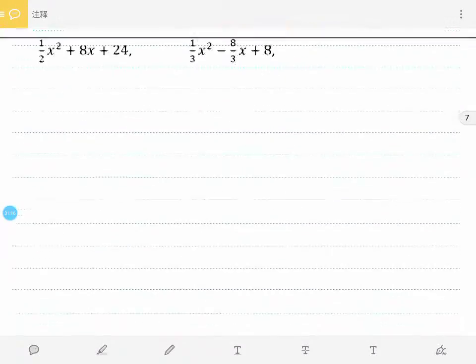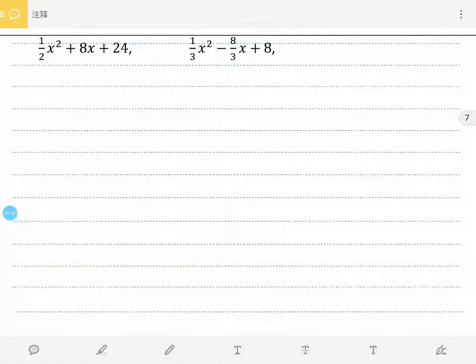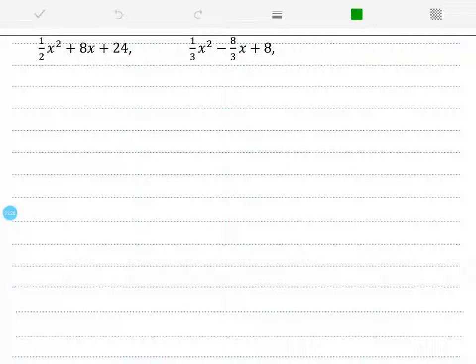Next, when we have fractions, we always put the fraction as the common factor. So whereas the half x squared plus what? So 8 divided by a half, that means 8 times 2.